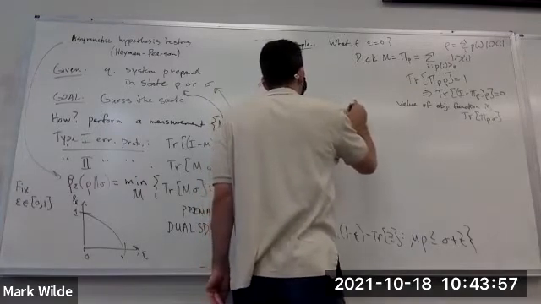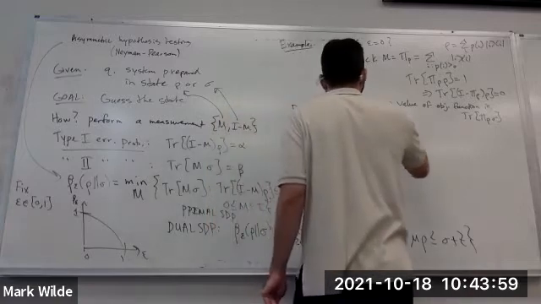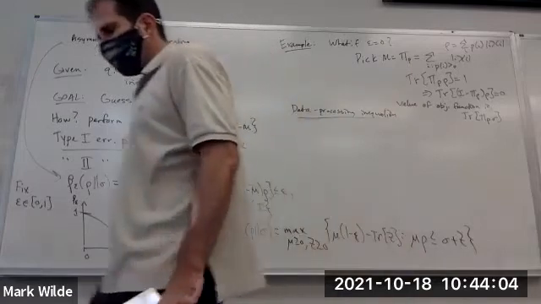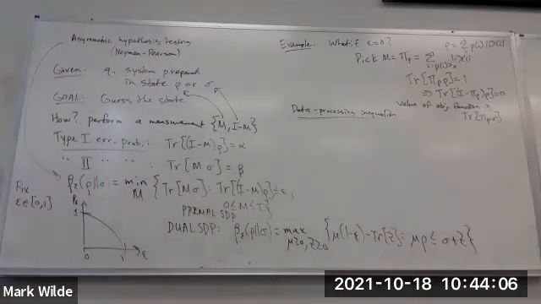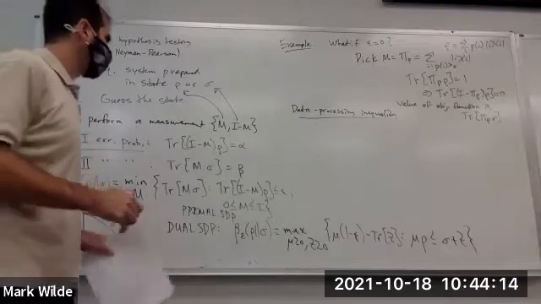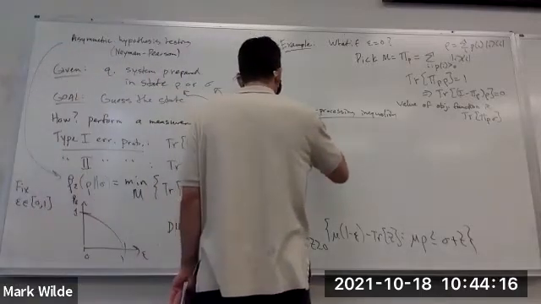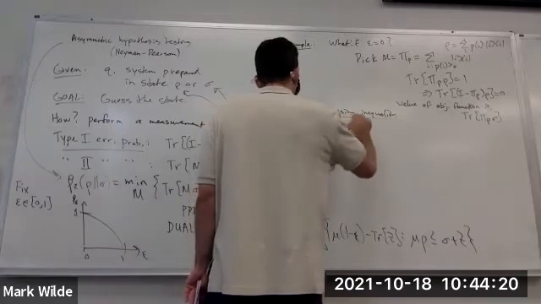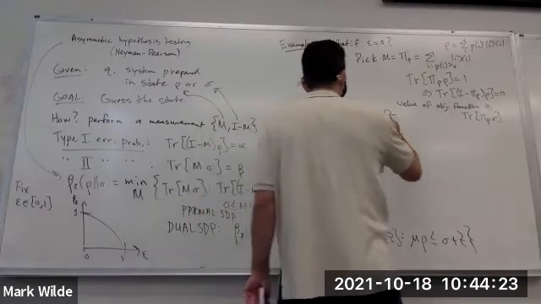So last time we learned about the data processing inequality. This is something we're going to be focusing on a bit in the next few lectures because we're going to start introducing distinguishability measures. And whenever you have a distinguishability measure, you look for data processing. So what we're going to do is define a quantity called hypothesis testing relative entropy.